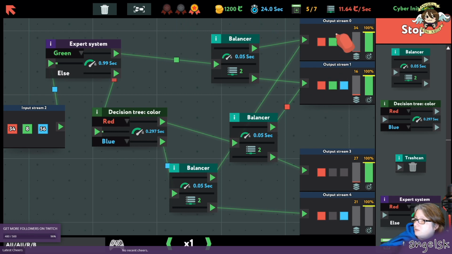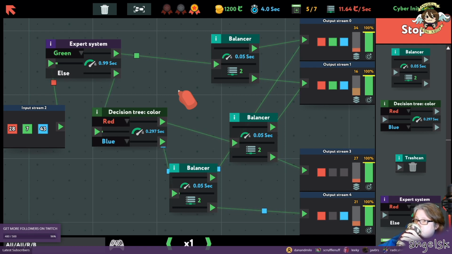And we hopefully split them equally by numbers by just using a load balancer. And yes, there's an expert system at the beginning that's taking like a second, but it means that the rest of it can just be pretty much split equally aside from the bottom red needs to be split out.